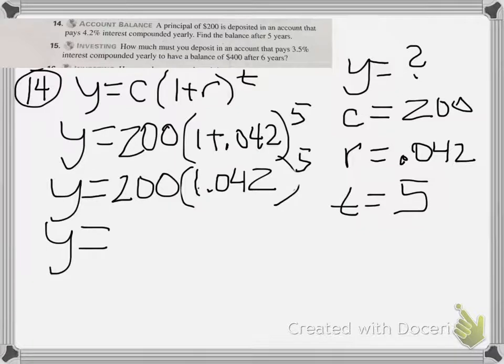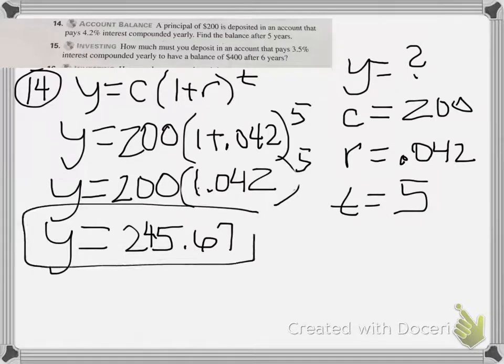Then we're going to place it in our calculator as 200, parentheses, 1.042, close parentheses, to the power of 5. And we get $245 and round to 67 cents. Our total amount after 5 years.